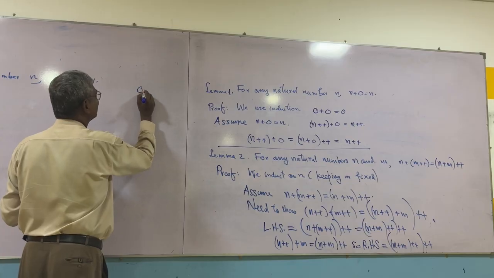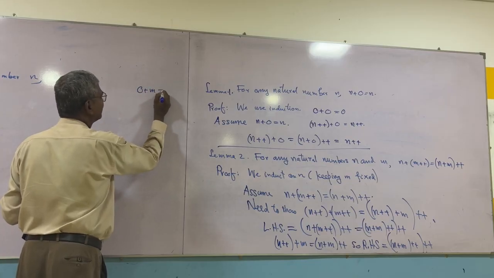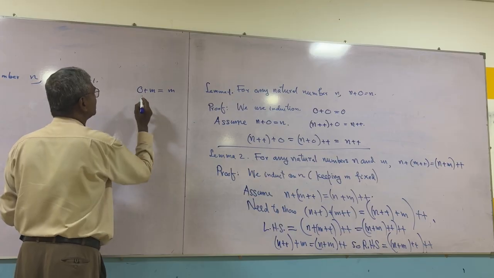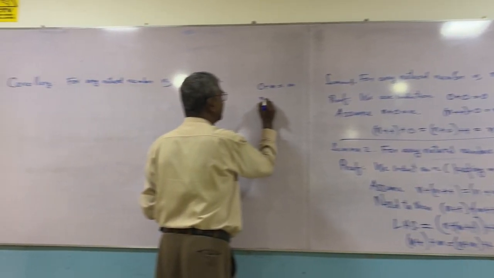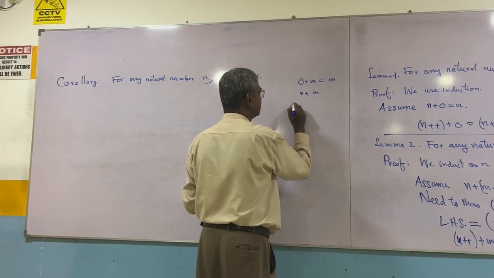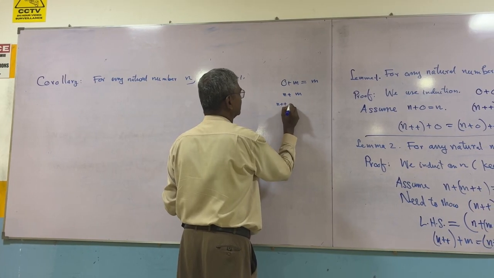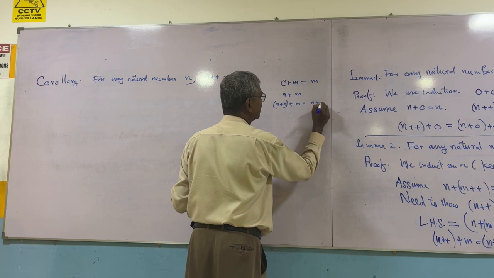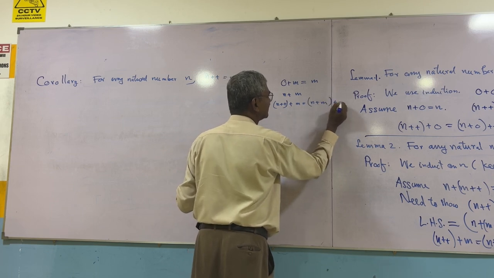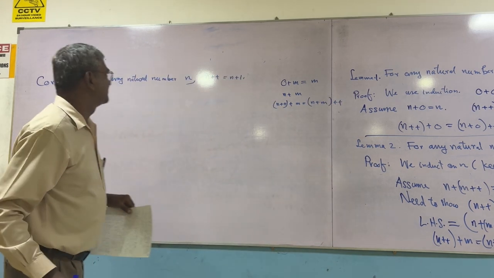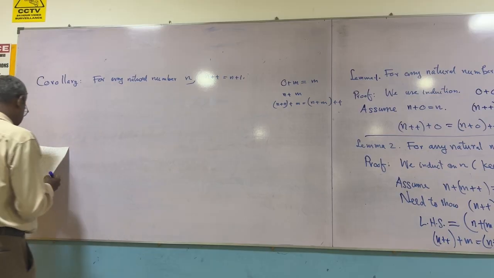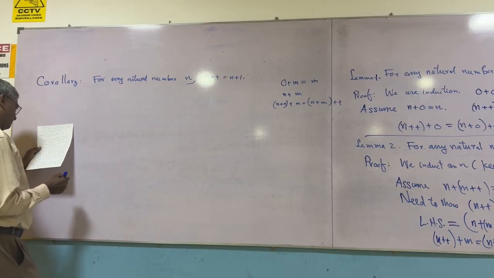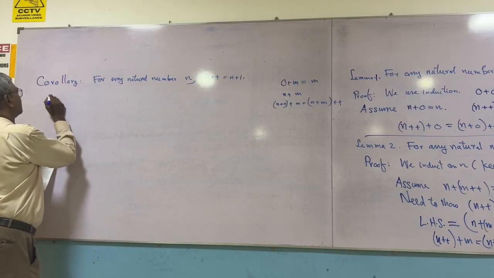What is it? 0 plus m by definition is m, no? What is the other thing? If you know how to add n to m, then n plus plus plus m was n plus m plus plus, correct? Okay, so I say since 0 is a natural number, by lemma 2, proof.